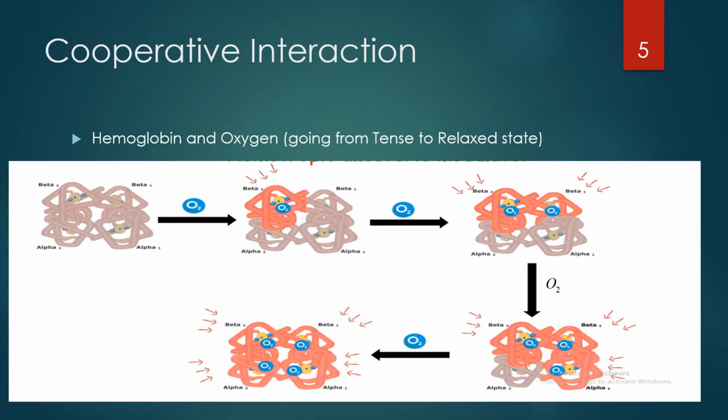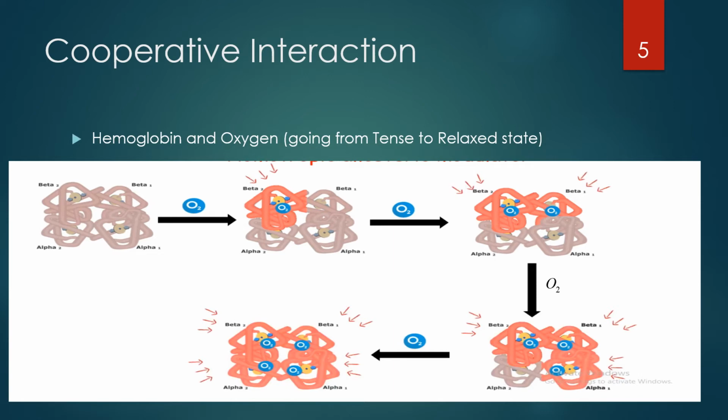So we see that all the subunits of hemoglobin go from the T state. The 4 were in T state, but as the oxygen adds, it goes on to an all R state. It has to be an all T or an all R state. It cannot be in between, right? This is therefore called an all or none model, right?